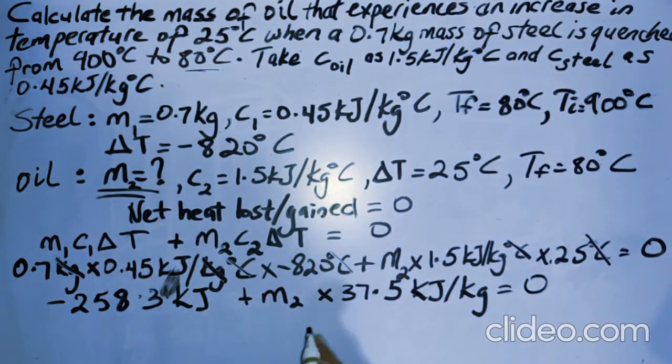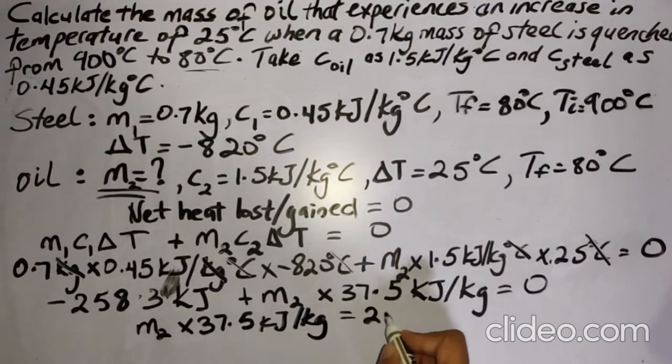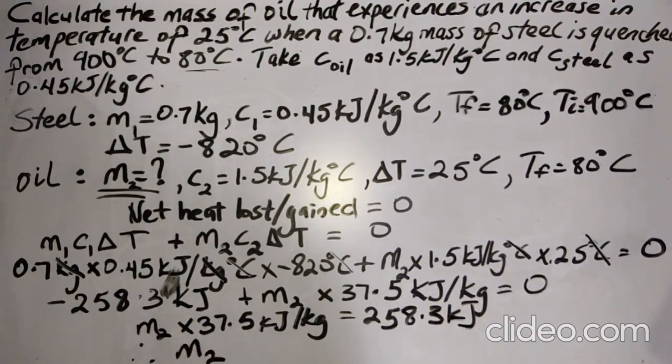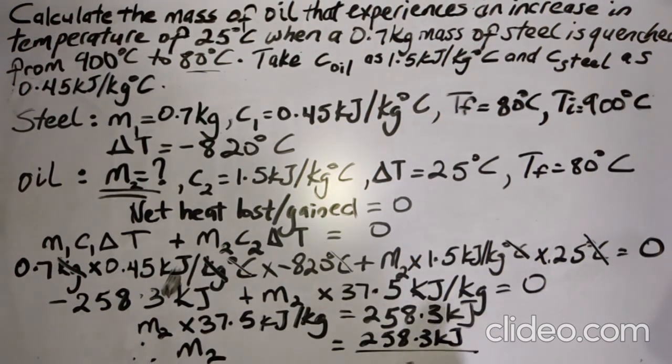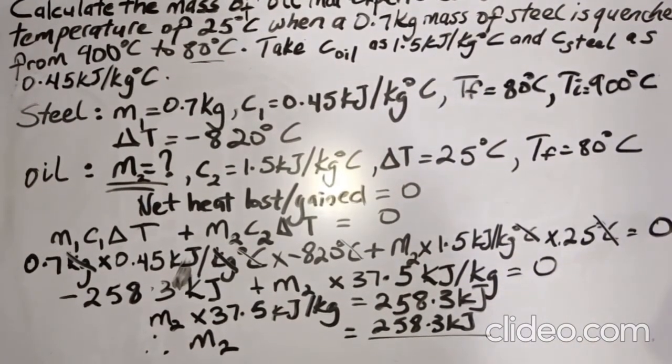So we could say then that M2 times 37.5 kilojoules per kilogram will be equal to positive 258.3 kilojoules, which means M2 equals 258.3 kilojoules divided by 37.5 kilojoules per kilogram.